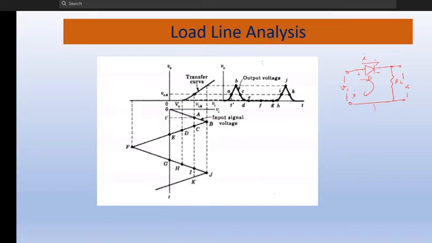When you plot this, there is nothing difficult in it.